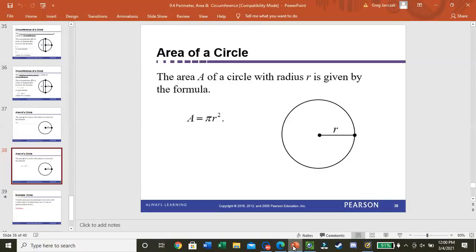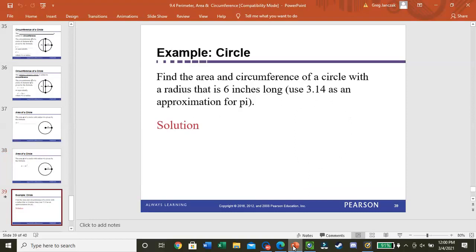Okay? Questions there? So if they give you diameter and you want to find area, you have to divide the diameter by 2 to get radius first, and then find it.